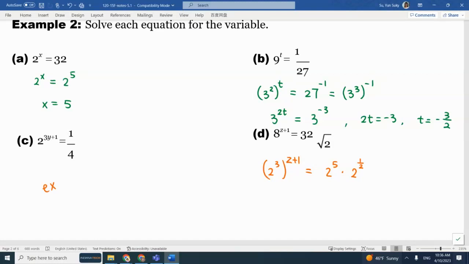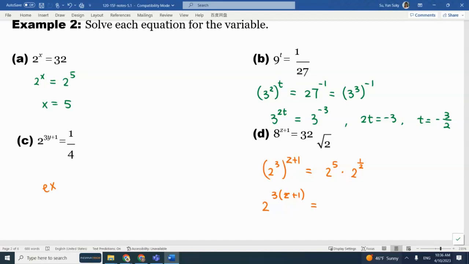Okay. Alright. So we have, okay, what do we do to the exponent? Multiply. And by the way, this is my 2. This is my C. Make sure your C does not look like the 2. So 2 to the 3 times z plus 1. Okay. How about on the right hand side? What do you do to it? Multiply or add?